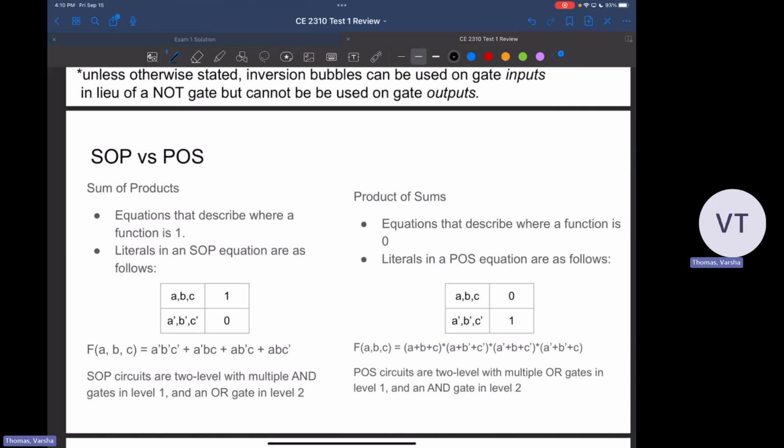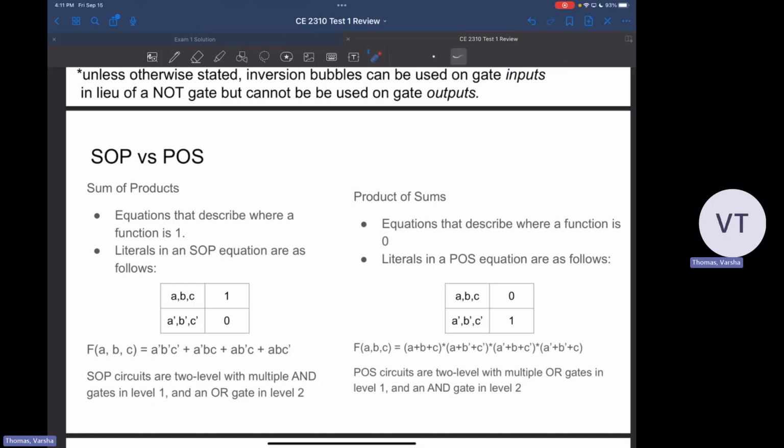This is just our third topic that we're going to introduce, sum of products and product of sum equations. When you have a sum of products, your SOP, your equation is used to describe wherever a function is 1. So your literals in a sum of products equation where you have A, B, and C will have a value of 1. The complements of those, A naught, B naught, and C naught, will have a value of 0.